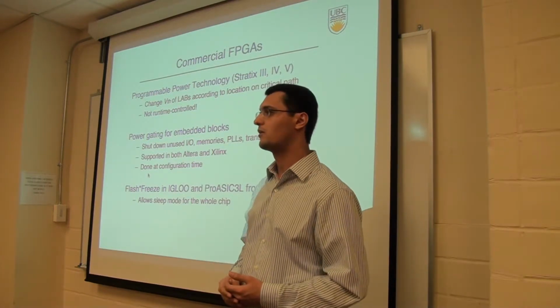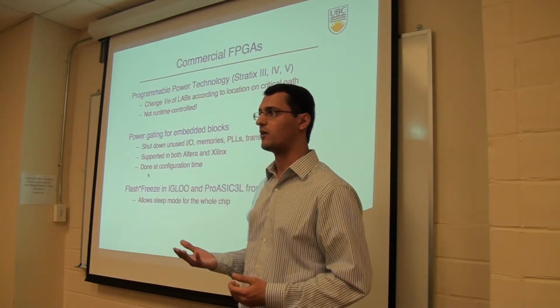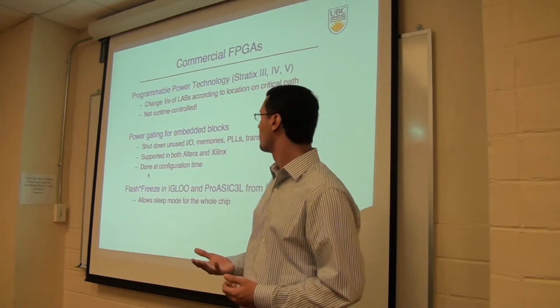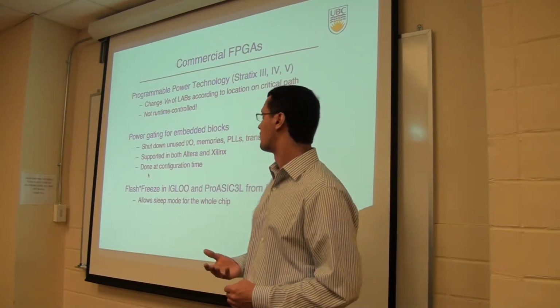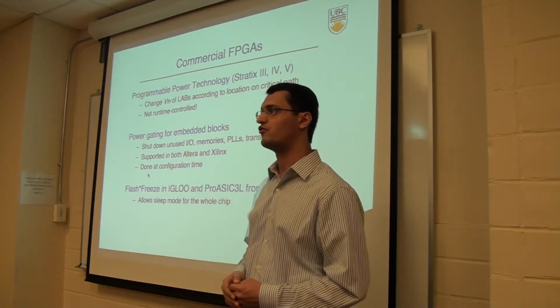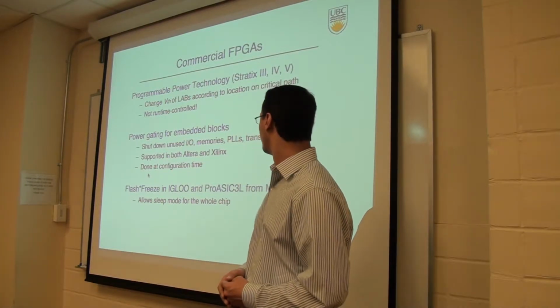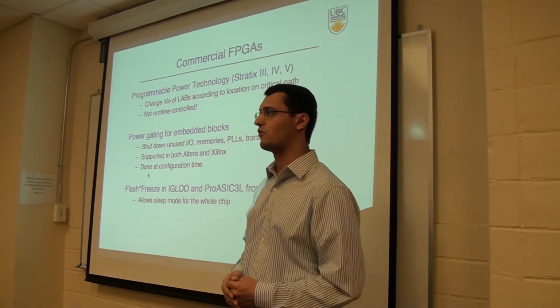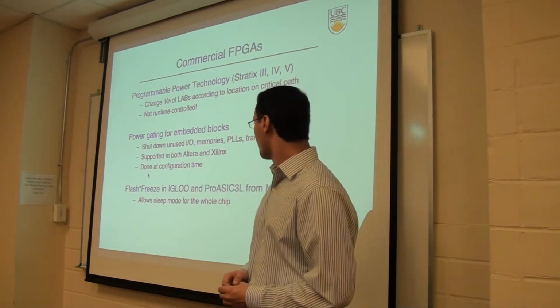And off the critical path, the components have larger threshold voltage, and they become less leaky. But this is done only at configuration time. It is not done at runtime. For embedded blocks in commercial FPGAs, unused embedded blocks like memories, DSPs, PLLs, and transceivers are turned off at configuration time. There's no runtime control for these components.